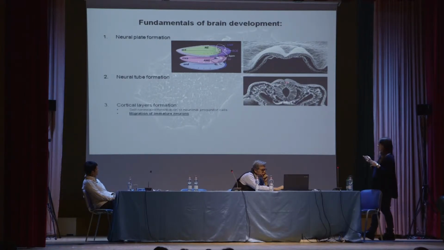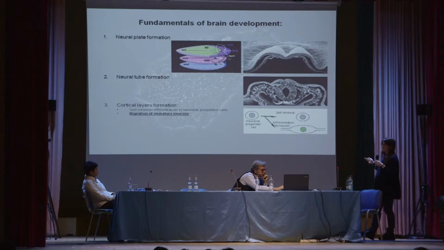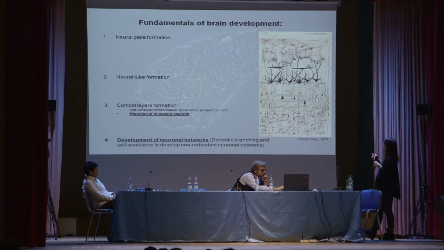The cells that are then located internally, next to the neural lumen, will give rise to neuronal progenitors, or they may generate neurons. And they will migrate outwards, thus generating the different layers of the cortex. And this is what they generate.